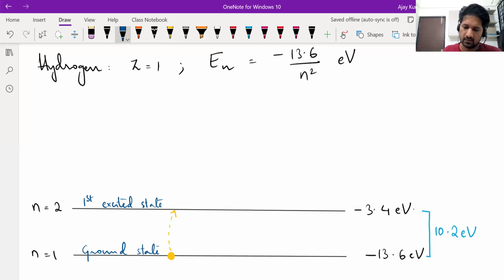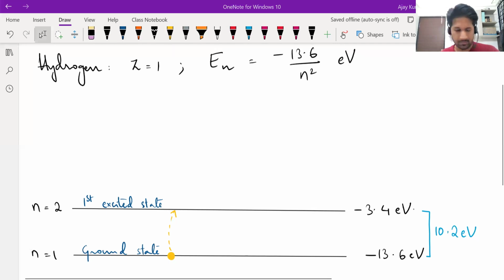Okay. Now suppose n is equal to 3. If n is equal to 3, you get the energy as minus 13.6 divided by 9.